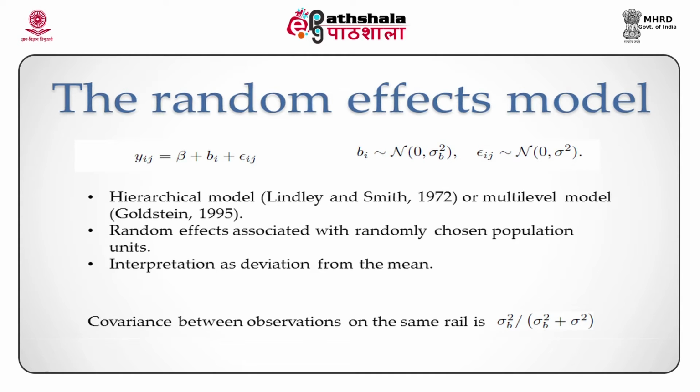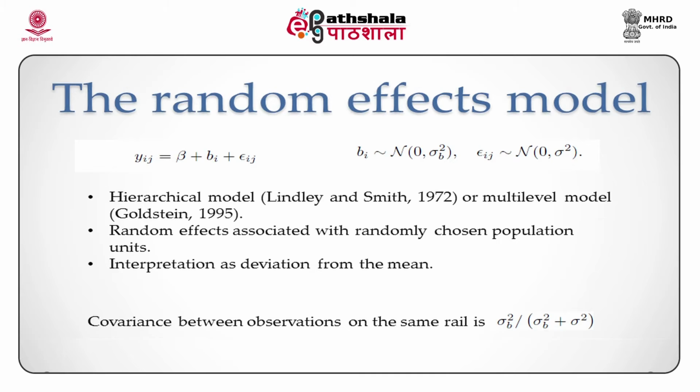Now note that the effect of this assumption is that the covariance between observations on the same rail, say the first and the second observation, yi1 and yi2, because they share the same common random effect Bi, turns out to be sigma b square divided by sigma b square plus sigma square, where sigma square is the variance of the error term. Thus, introduction of the random effect has induced covariance between observations on the same rail.